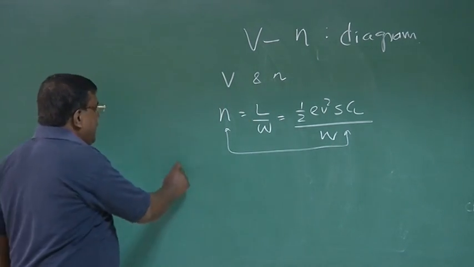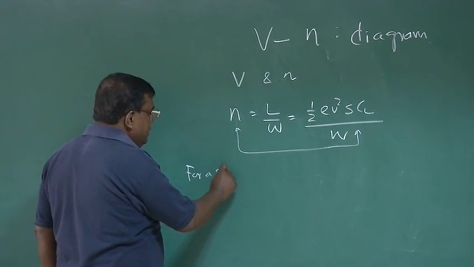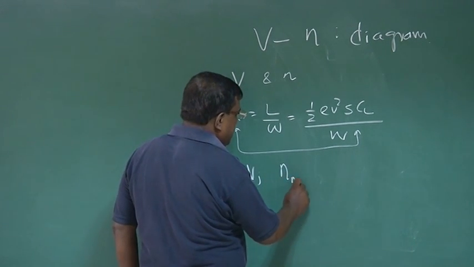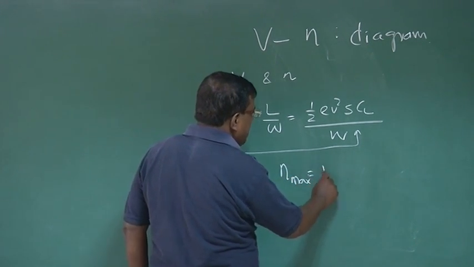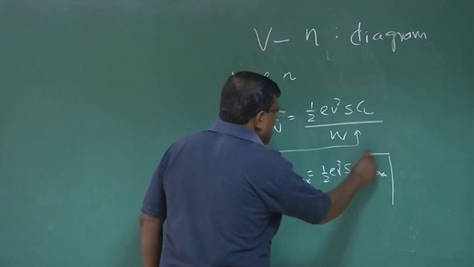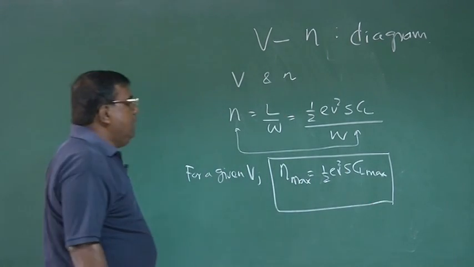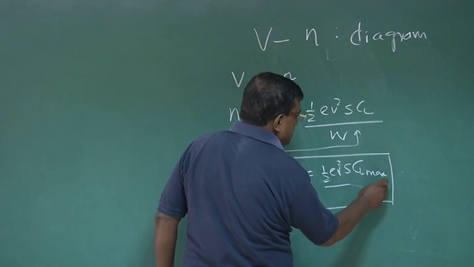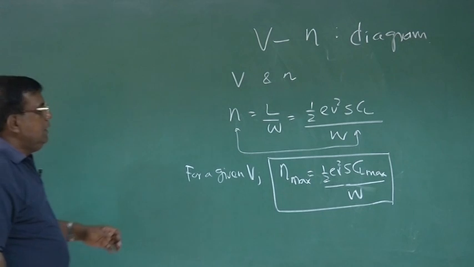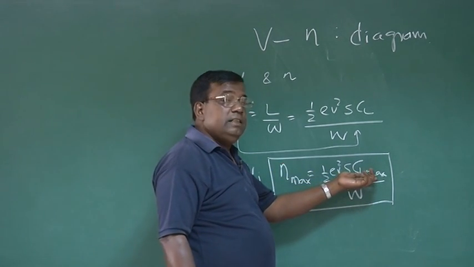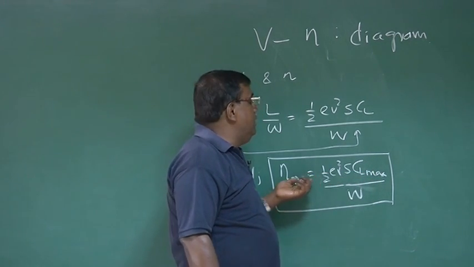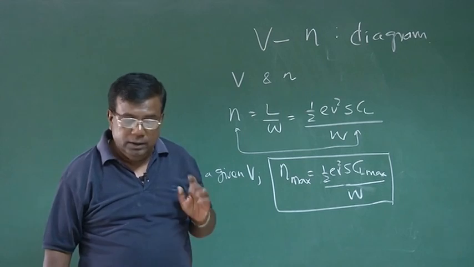One is, for a given V, N max is simply half rho V square S CL max, divided by, of course, W. What is the message here? That if I have put the angle of attack in such a way that it is at the CL max level, then for the given speed, that is the maximum load factor I can get. Okay?